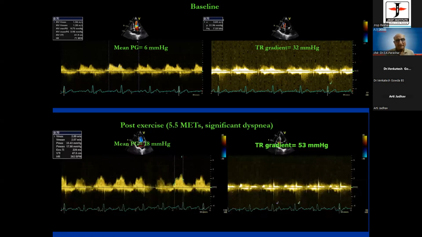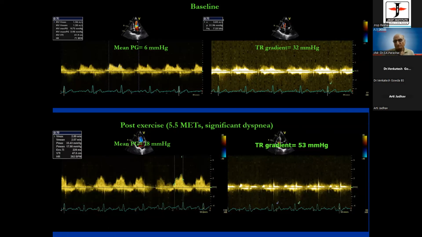So when the patient exercises, from 6 it becomes 18. So there was significant dyspnea. The mean gradient has become 18, it has significantly increased. And the TR gradient from 32 becomes 53, and with IVC pressure, it comes to about 60. So that means we can say that this patient's symptoms of dyspnea are because of associated mitral stenosis.